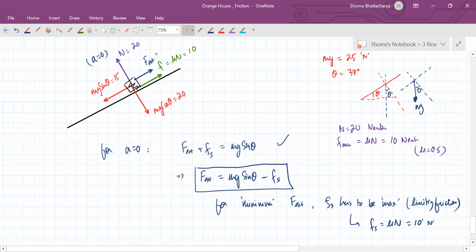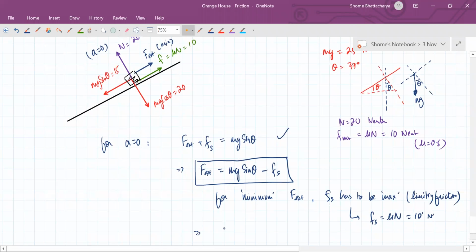That is the condition for this to become minimum. So F external's minimum possible value will be mg sin theta minus maximum friction. So that will be how much? 5 newtons. That should be your answer here.